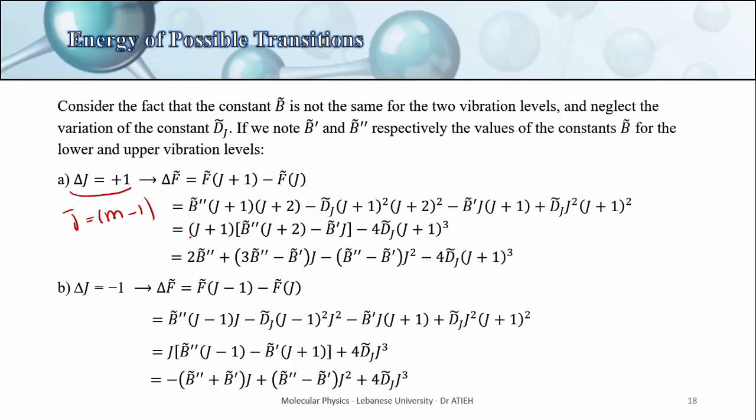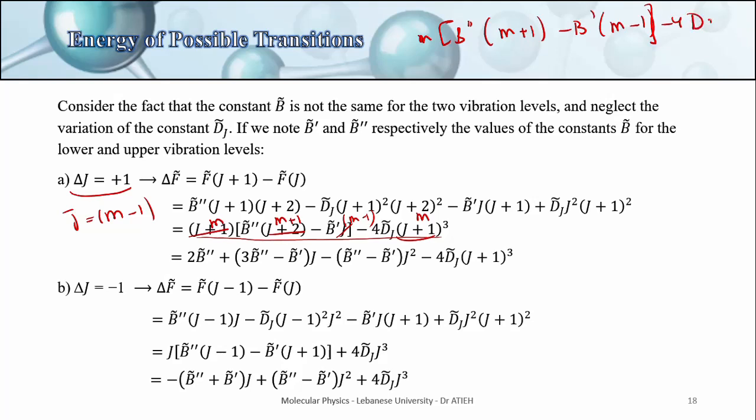So in this case, this will be M minus 1 plus 1, it's M, this will be M plus 1, and this will be M minus 1, and this will be M. So this is the general formula, so it's M, B double prime, M plus 1, minus B prime, M minus 1, minus 4D M cubed.